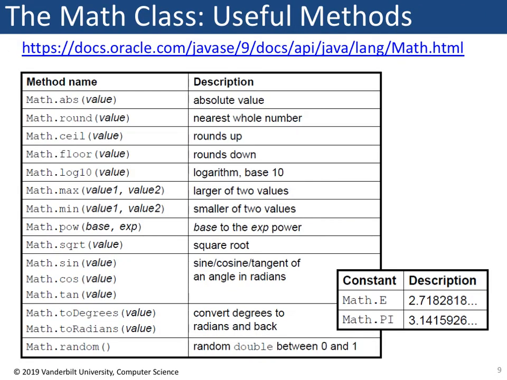Here's a list of useful methods which are included in this math class, and for an exhaustive list, refer to this link, which is the Java docs. So part of learning to be a programmer, in general and in practice, is to get used to reading the documentation for the language.